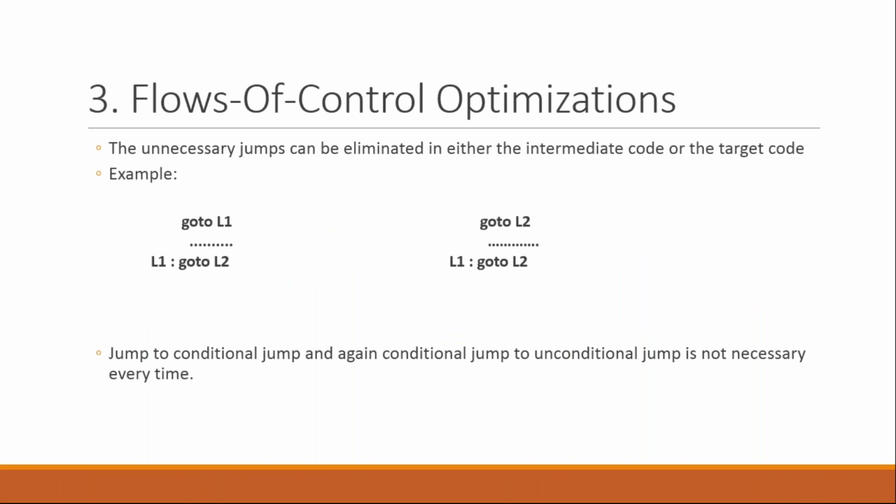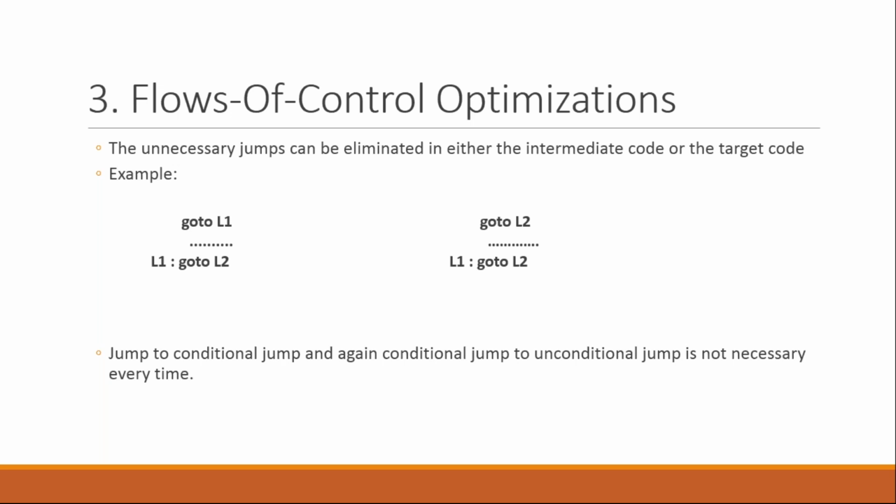So the third characteristic is flow of control optimization. Now, what is flow of control optimization? Sometimes we write code where function 1 calls function 2, then function 3 also calls function 2, without operating on anything, just calling one function after another.